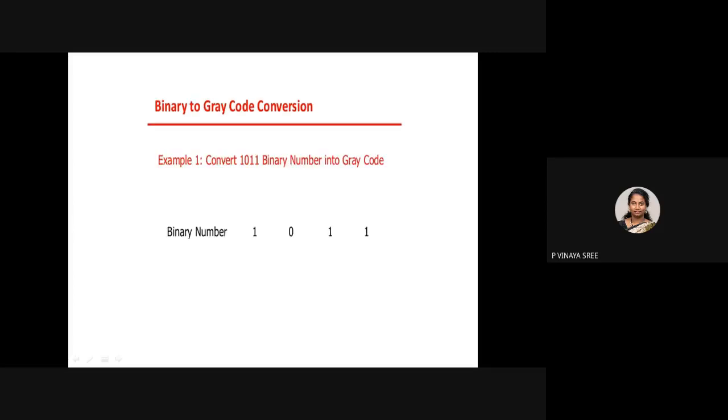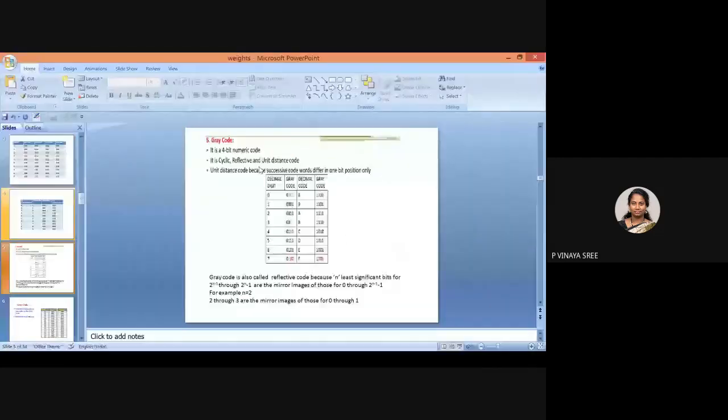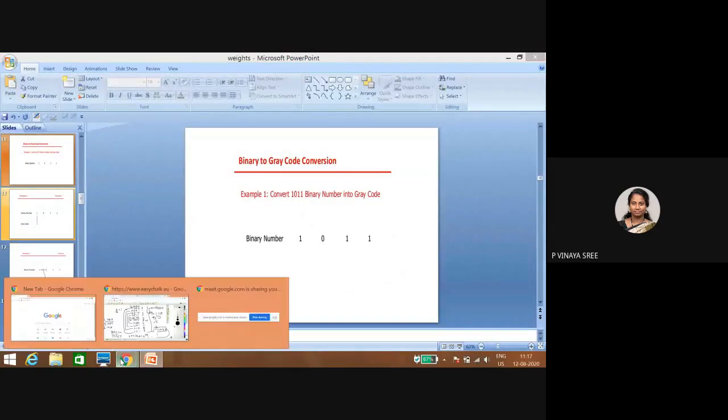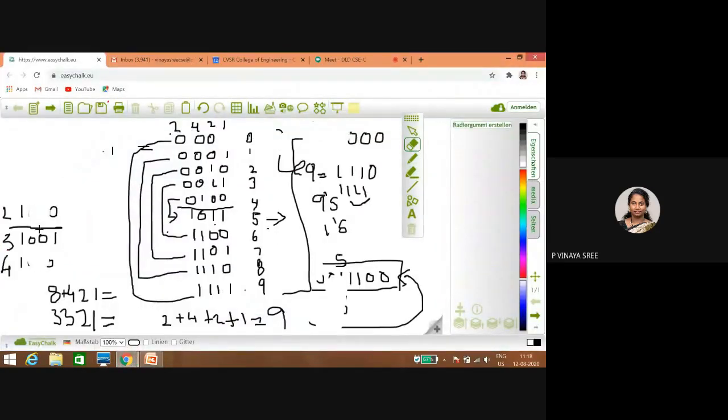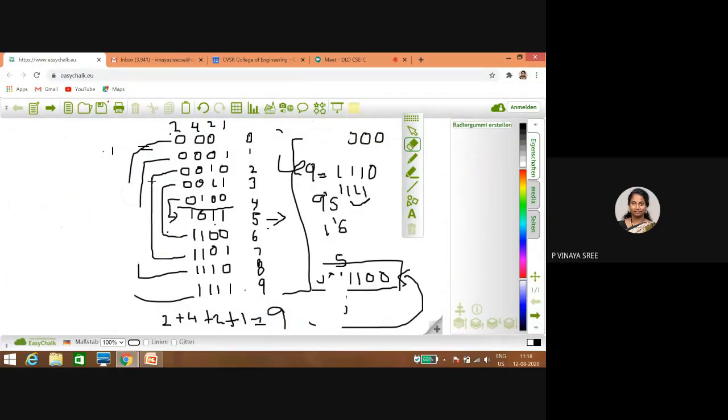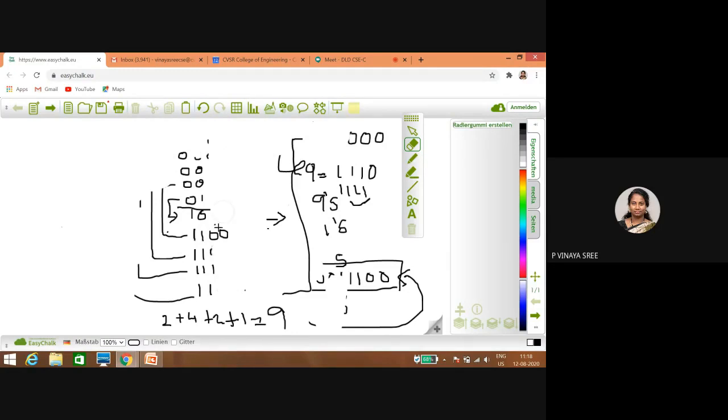Let me start with an example. This is a binary number, 1011. Note down binary to gray code conversion.